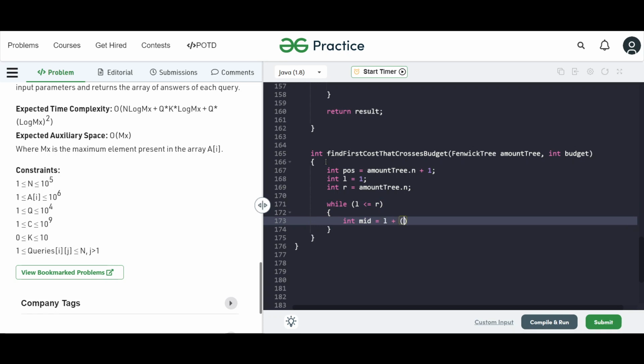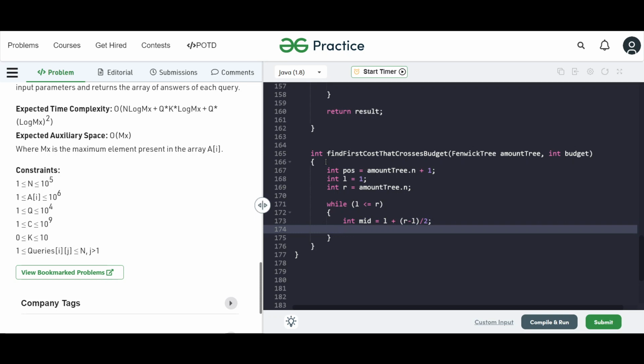So L plus (R minus L) by 2. And now let's find the amount till mid. Amount spent till mid cost, right? So amount spent till mid cost is, well, amount tree dot prefix sum till the mid.